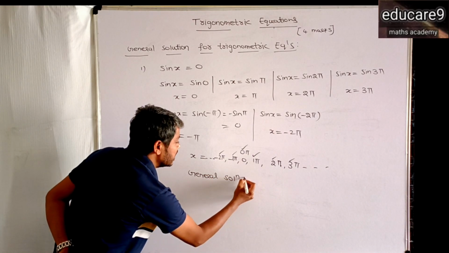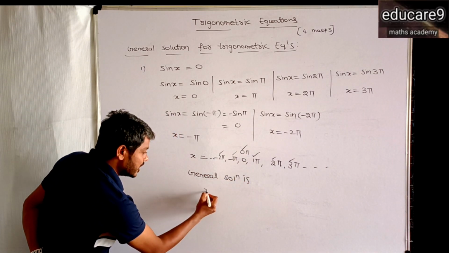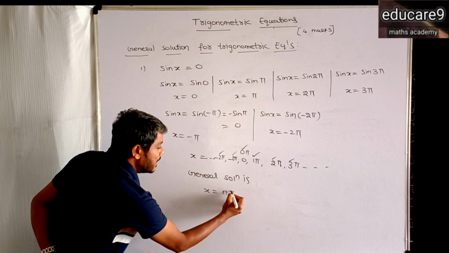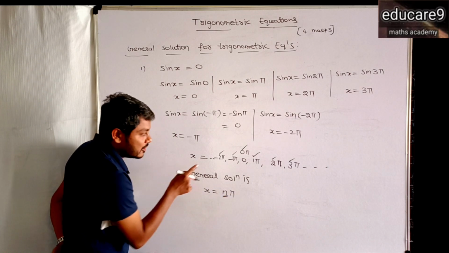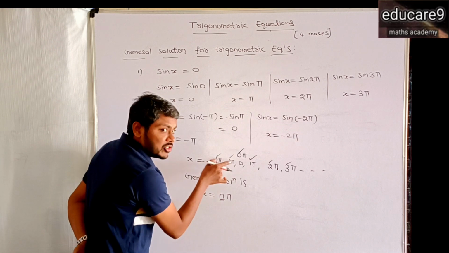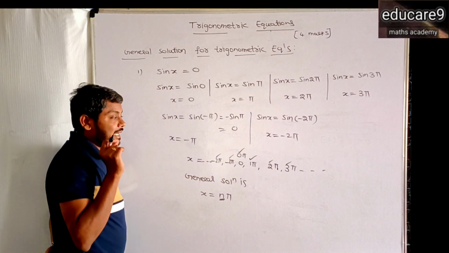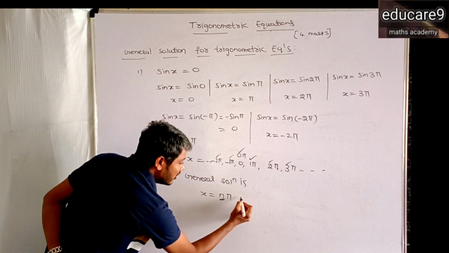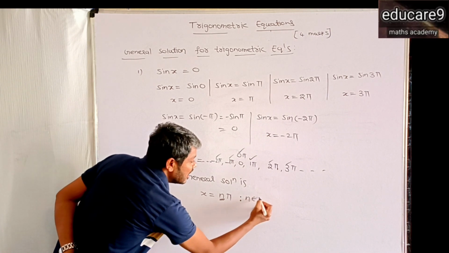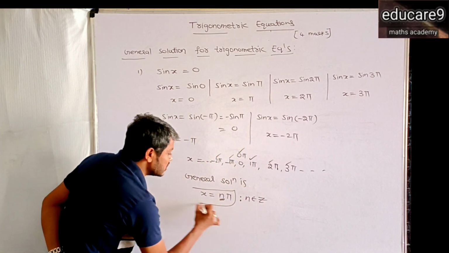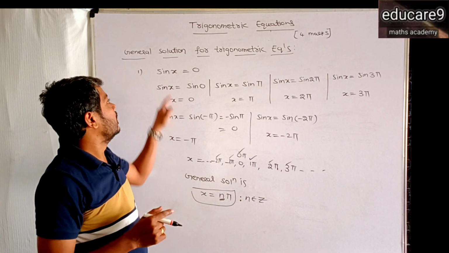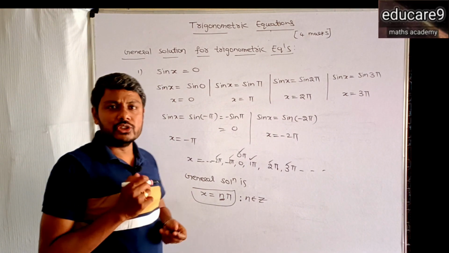The general solution is x is equal to n pi. So what is n here? The coefficients of pi, which values do you get here? Integer values. Therefore, n belongs to integers. So this is the general solution for sin x equal to 0.